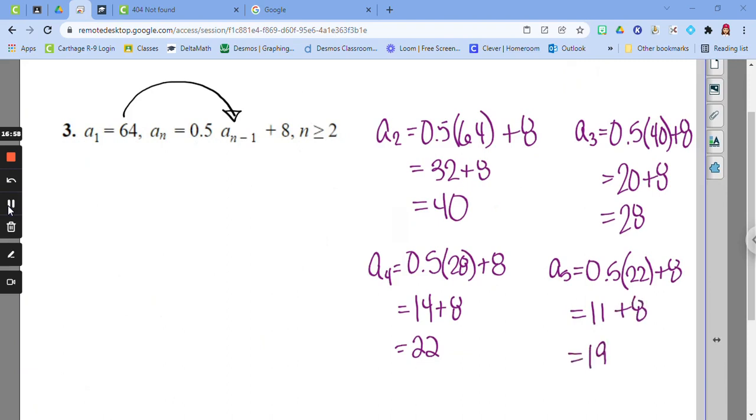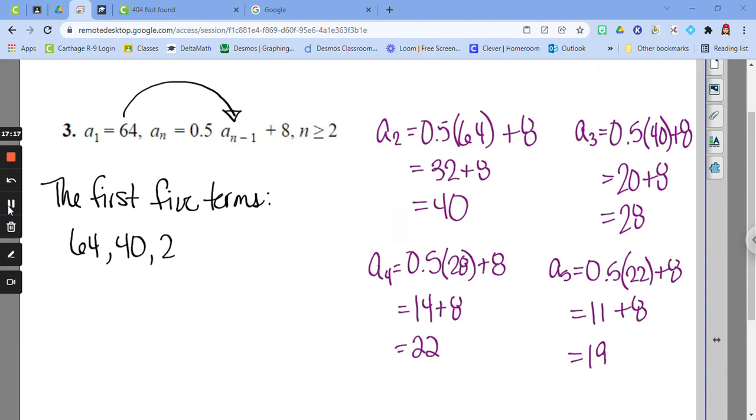How do you do? Good? Better? All right. So the first 5 terms are 64, 40, 28, 22, 19.